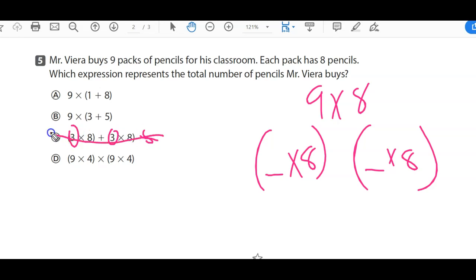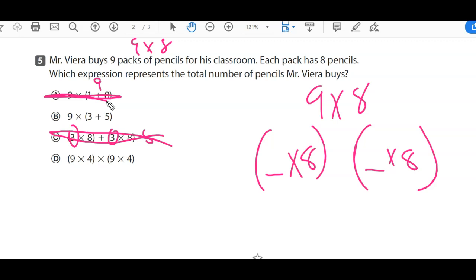No, so it's not C. Okay. How about B? Which expression represents the total number of pencils? Well, it can't be A because 1 plus 8 is 9, and it is not 9 times 9. It's actually 9 times 8, right? So it can't be A. Could it be B?